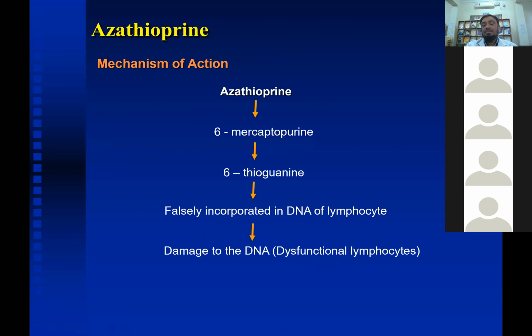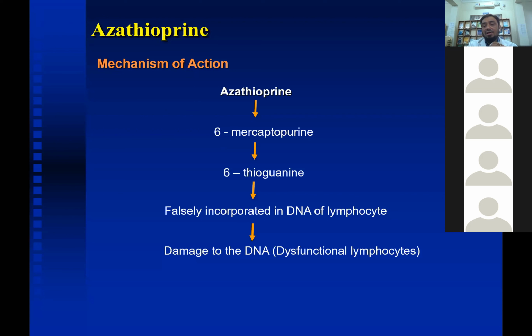Azathioprine is a purine analog. You know purine analogs like 6-mercaptopurine and thioguanine are used in cancer chemotherapy, right? So azathioprine also is a purine analog. The interesting thing is that azathioprine is not used as an anti-cancer drug. Its use is mainly as an immunosuppressant.